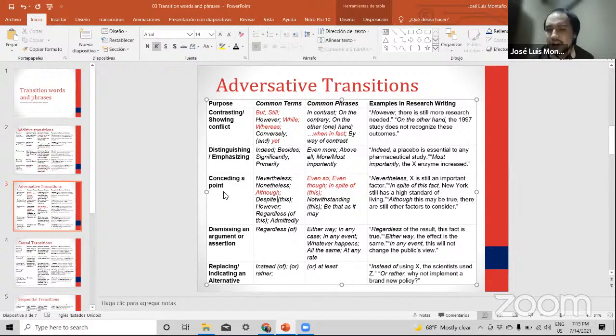Nonetheless, I'm not going to swim today because it's raining. So considering a point is not like contrast, where this is one thing and this is the opposite. It's like you like something, but you're not going to do it because something else is happening. And that's the same with all of those. I'm going to write some examples with although over here.